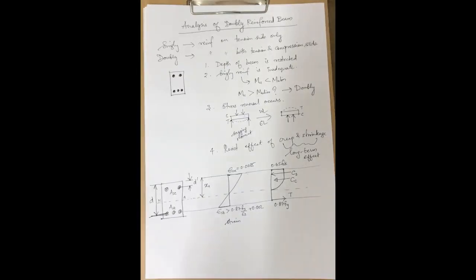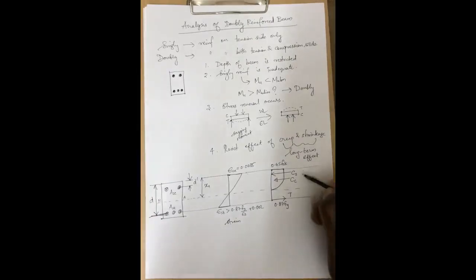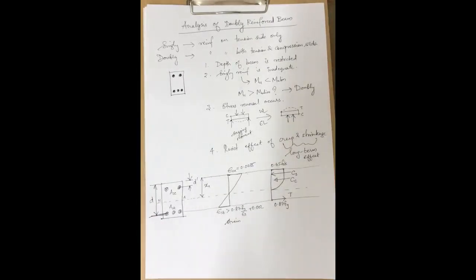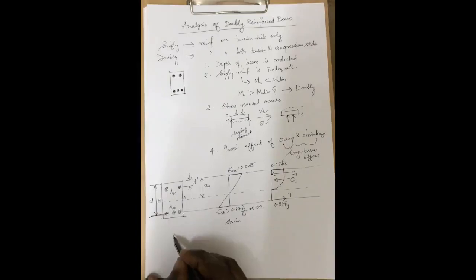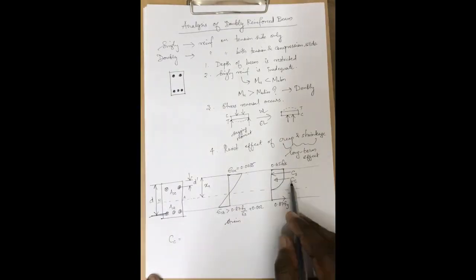Now we are going to write what is CS, what is CC, and what is T. What is CC? The compressive force in concrete. This we have already learned. It is equal to 0.36 FCK BXU. What is CS?